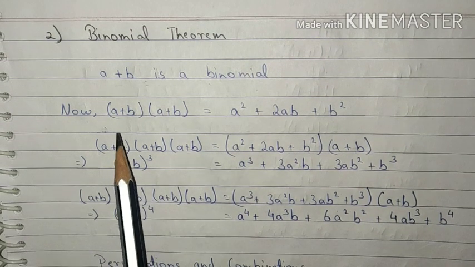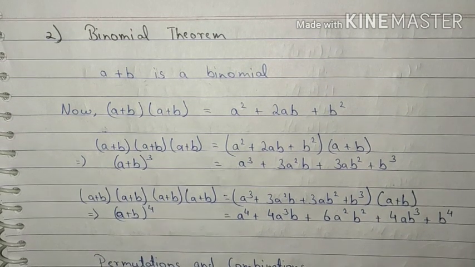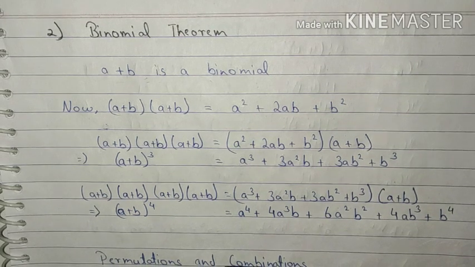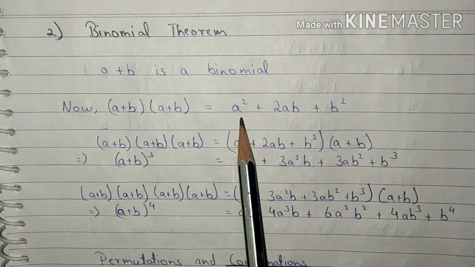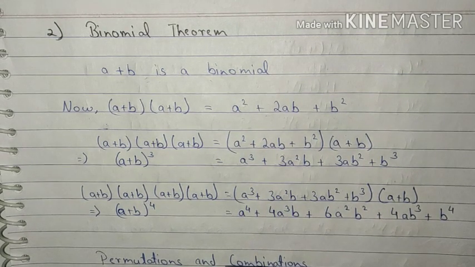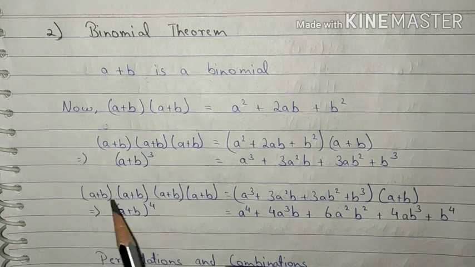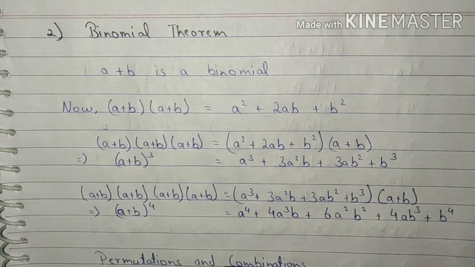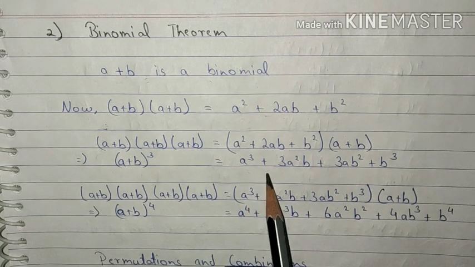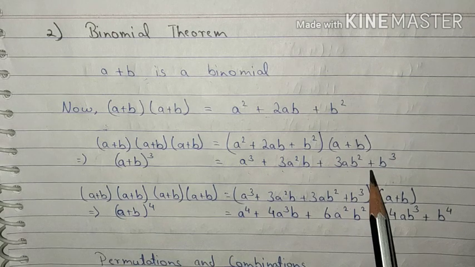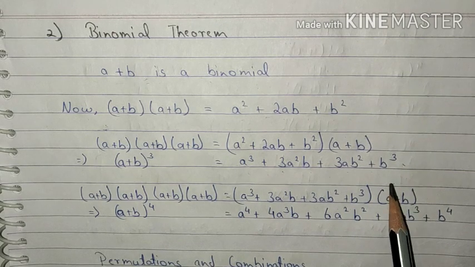When we multiply a plus b into a plus b, we will get a plus b whole square, which on solving gives us a square plus 2ab plus b square. In the same way, when we take a plus b whole cube, which is a plus b into a plus b into a plus b, we get a cube plus 3a square b plus 3ab square plus b cube.